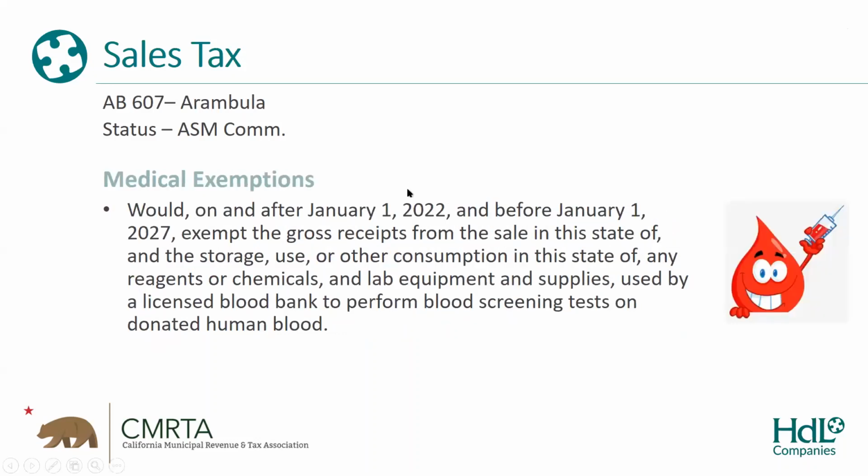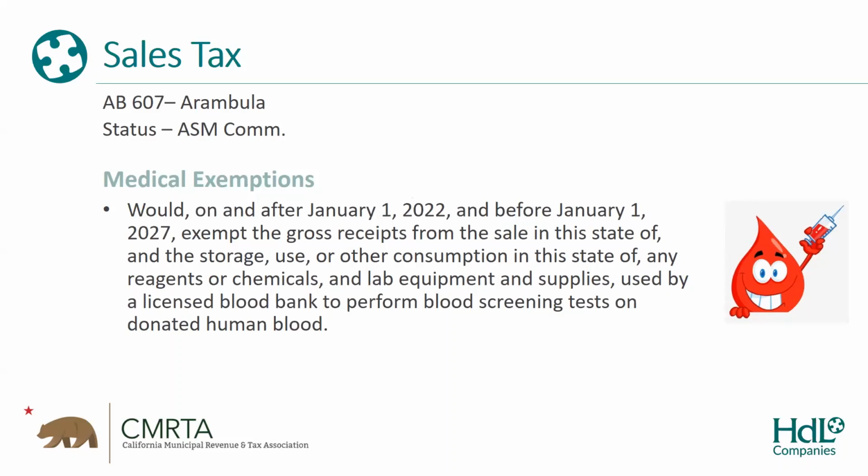All right, medical exemptions. So this is a sales tax bill. It's starting January 1 for 5 years. Exempt the gross receipts for the storage, use, consumption of any reagents or chemicals and lab equipment supplies used by a licensed blood bank to perform blood screening tests on human blood.